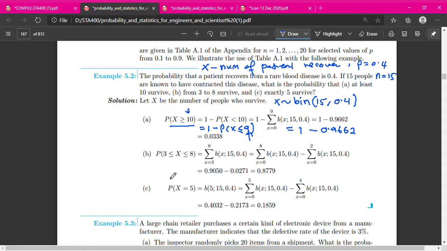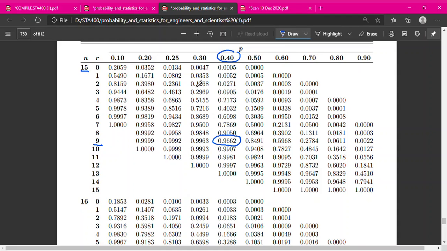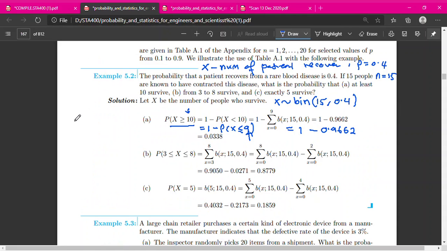Okay, tengok pula yang kedua. Nak cari probability of X more than equal to 3 and less than or equal to 8. So, nak guna table ni, kena tukar jadi less than equal. So, it is sama juga dengan probability of X less than or equal to 8 minus probability of X less than or equal to 2.